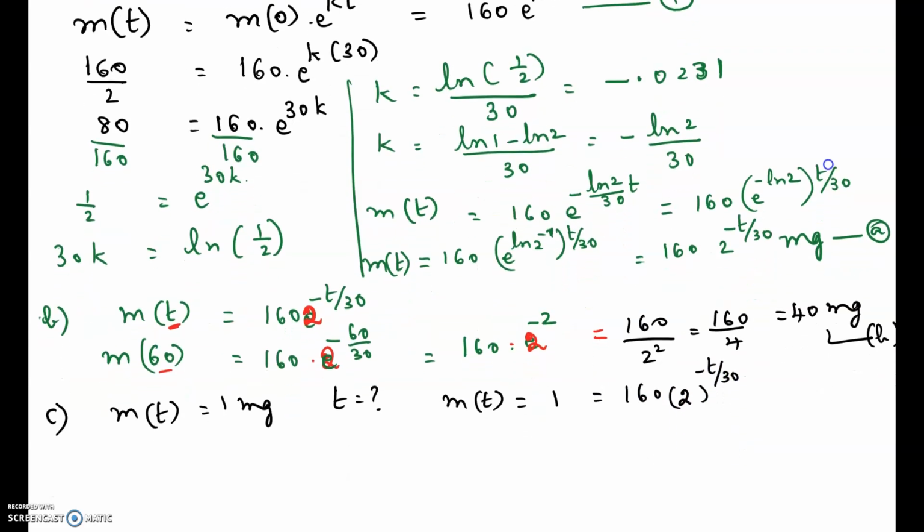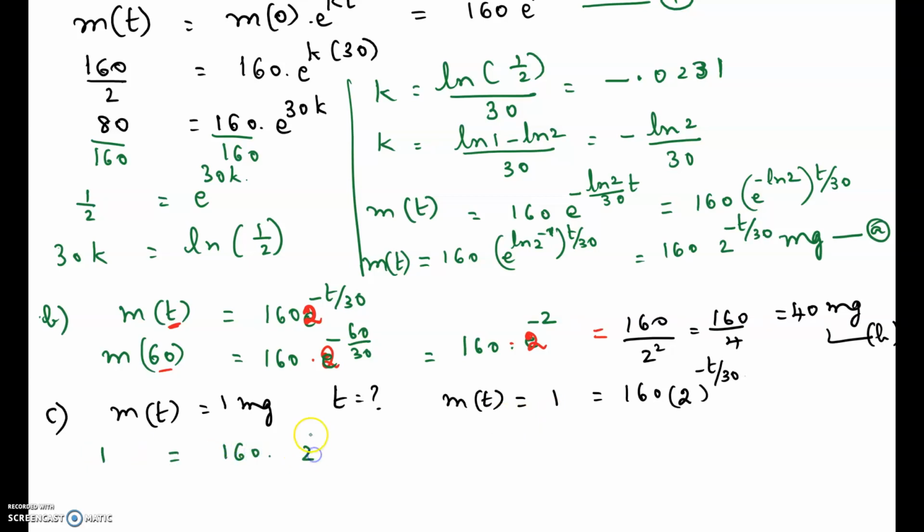We have to solve for t. Divide both sides by 160, so we get 2 to the power negative t over 30 equal to 1 over 160.